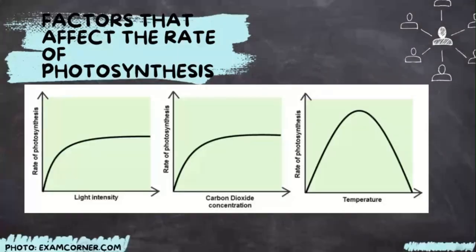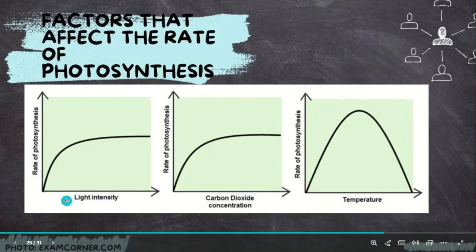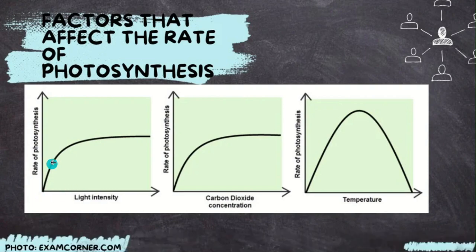If we take a look at this diagram, we're seeing the rate of photosynthesis and the light intensity, right? So here we go. The more light you increase, the more it's going to increase the rate of photosynthesis until a certain point where it levels off.